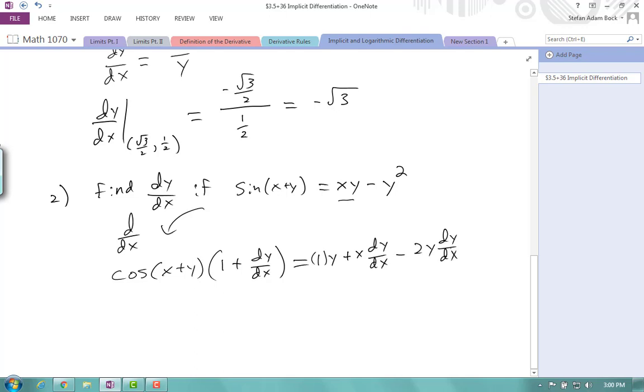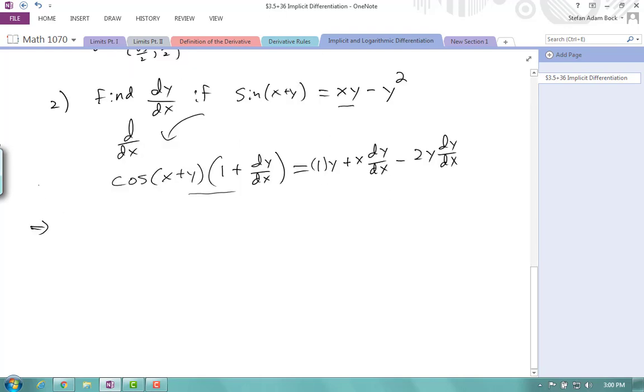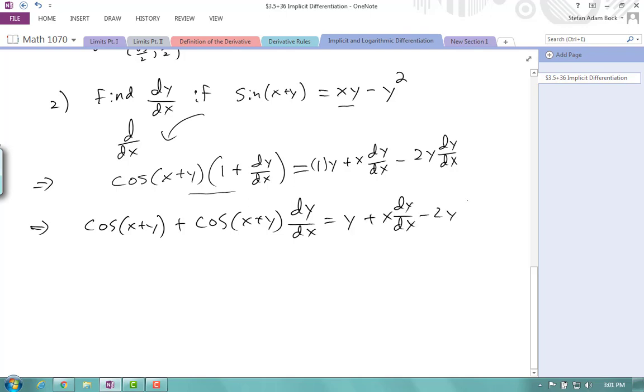Now I need to expand this and then collect all my like terms together. So I'll have cosine of x plus y times 1 plus cosine of x plus y dy dx. And over here, I've just got y plus x dy dx minus 2y dy dx.